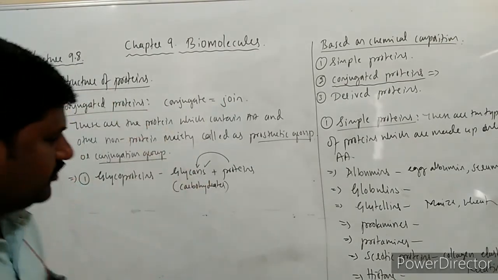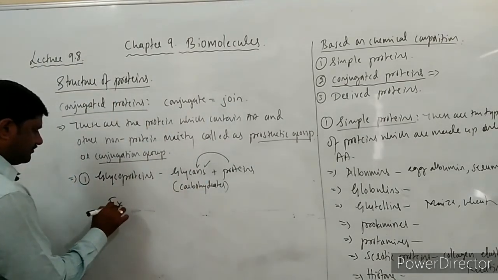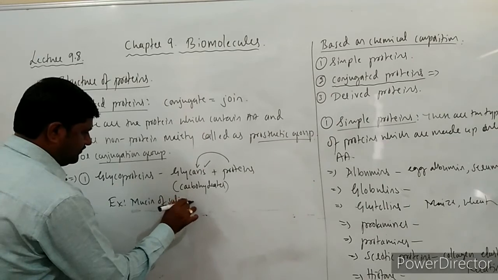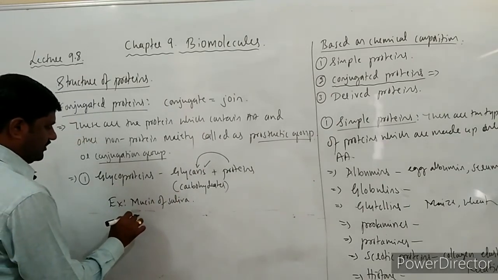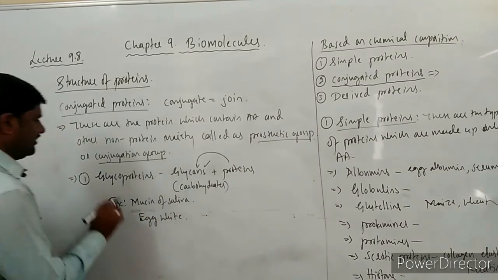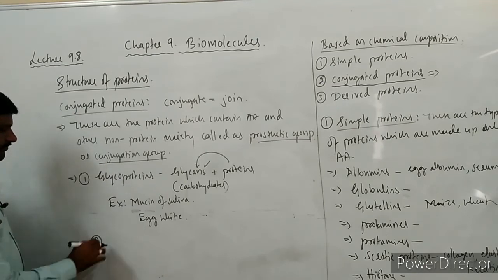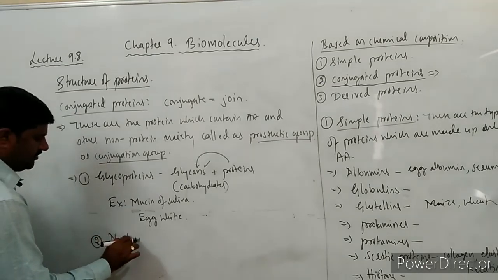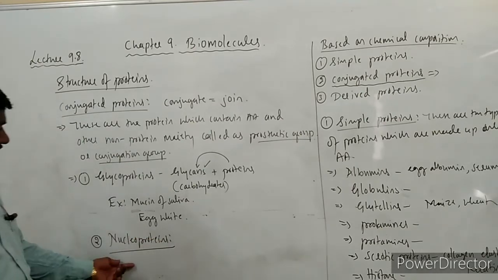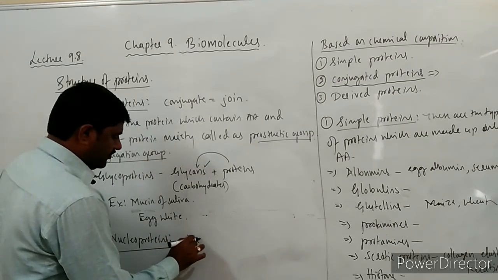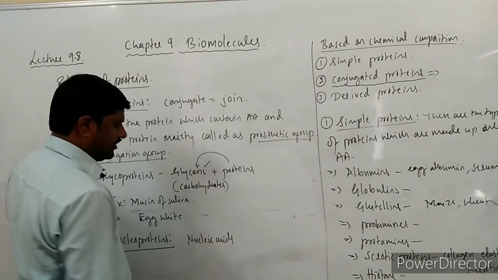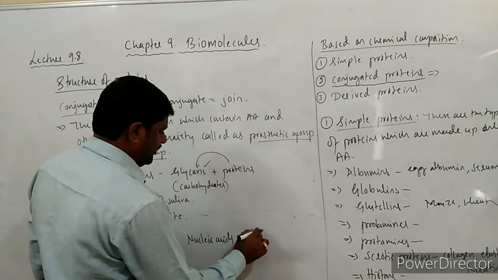Along with this, mucin of saliva is another example. These are glycoproteins. The second one is nucleoproteins. Nucleo stands for nucleic acids plus proteins.